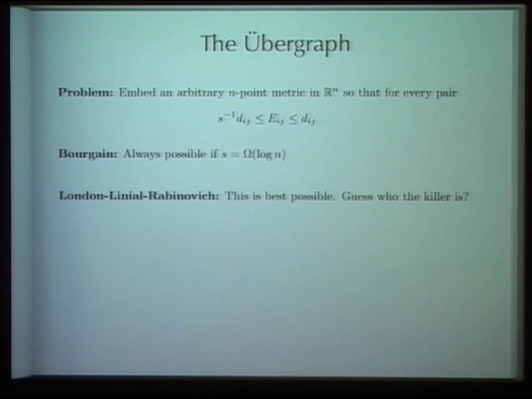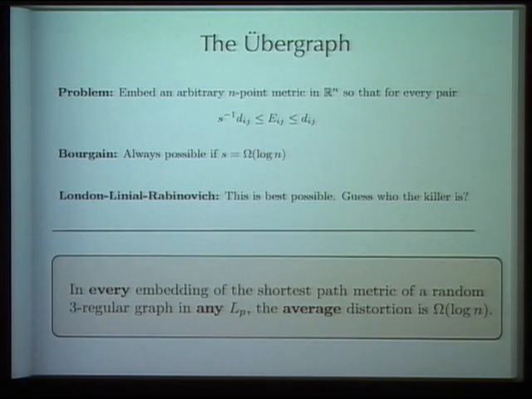So there's a beautiful theorem of Bourgain saying that this is always possible if you allow distortion log n. And there is an equally nice proof by Linial, London, and Rabinovich saying that you can't avoid this. There exist metrics for which you really must pay this distortion, and you must pay it in a very strong sense.